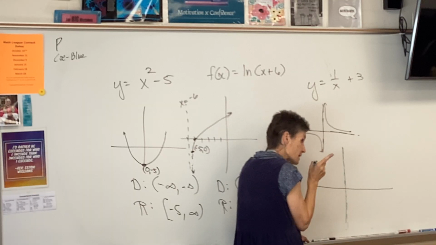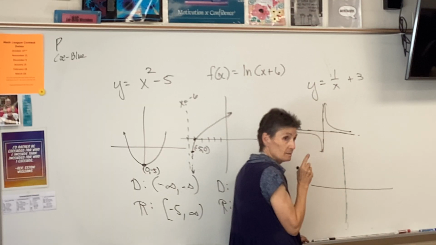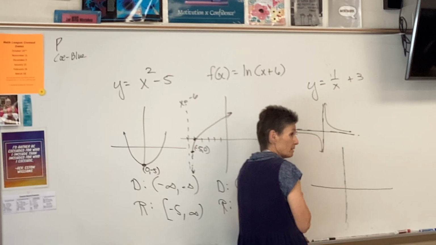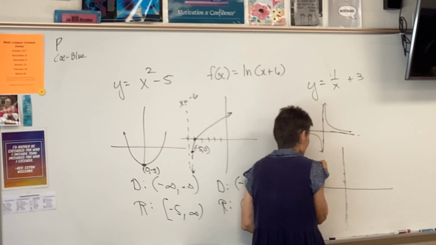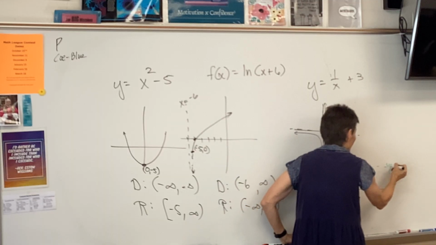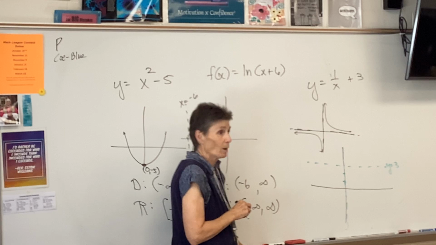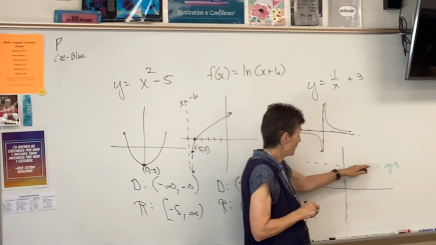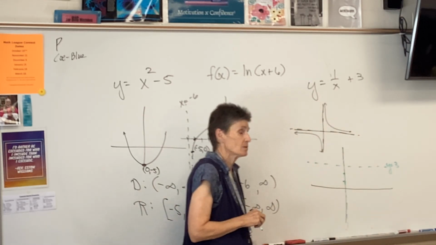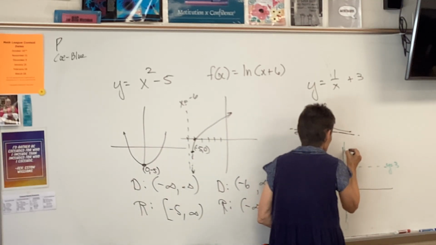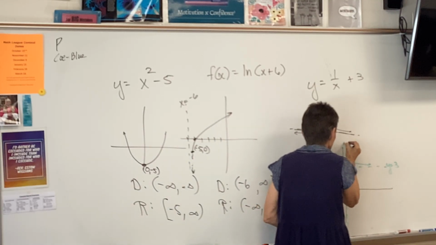But up 3 will change your horizontal asymptote, won't it? Now it's gonna be at 3. Would it be x equals 3 or y equals 3? Whatever axis it crosses is what it is. A horizontal line is gonna cross the y axis, so it's y equals 3. And then you have the same shape you had before.